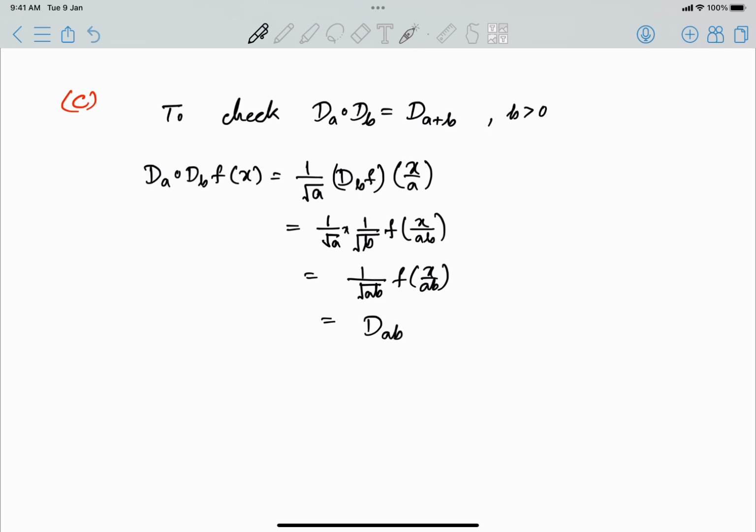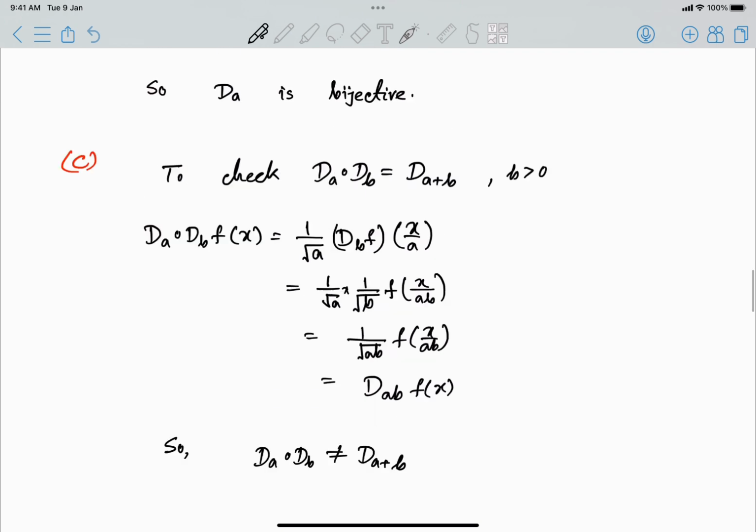So we get dA composed dB is d of ab of f(x). So this is not the same as d of a plus b, therefore this is not correct. So dA composed dB is not equal to d of a plus b. Here we got d of ab, not d of a plus b. So option number C is not correct.